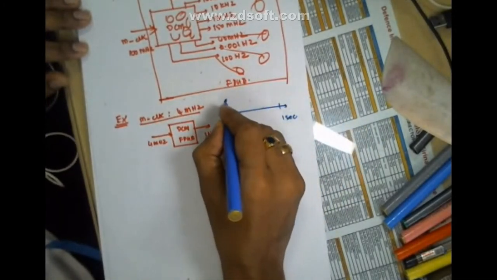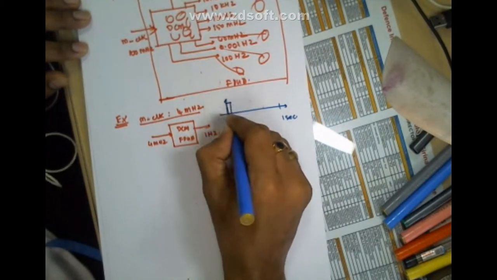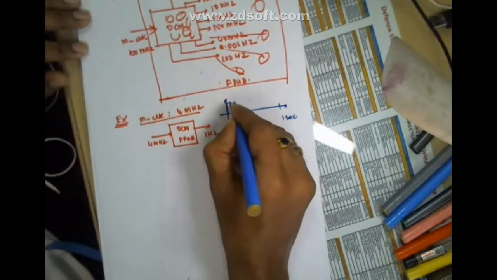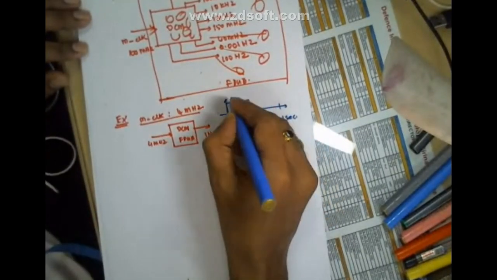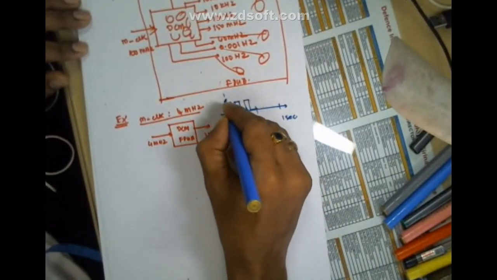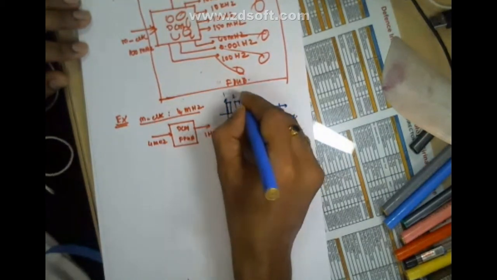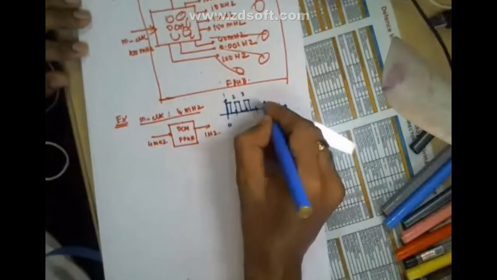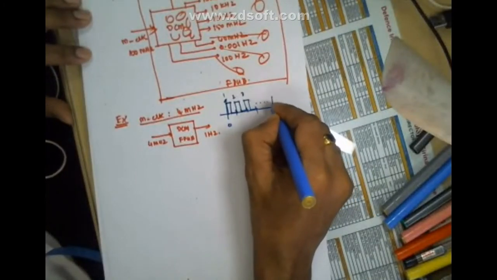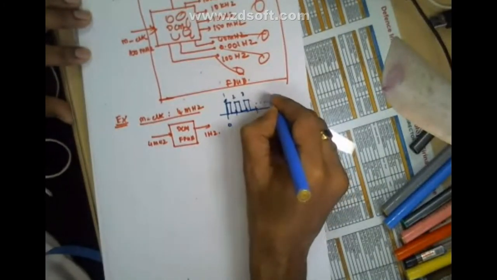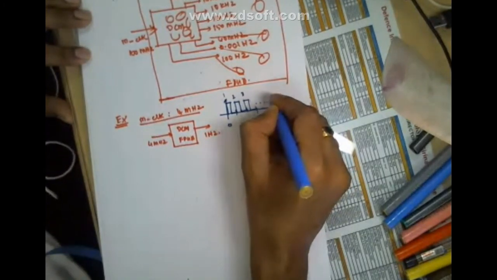That means 1, 2, 3. The first clock is applied, rising edge. Second clock is applied. Third clock is applied, and so on, and this is the last clock. What is this clock number?